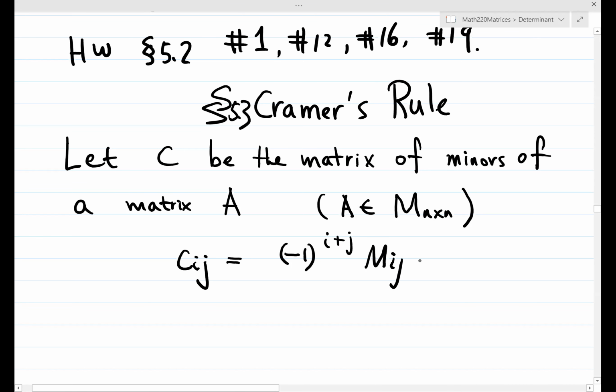Here Cij is the cofactor. Sorry, I mean the matrix of cofactors. So Cij is a cofactor, and Mij is the minor.